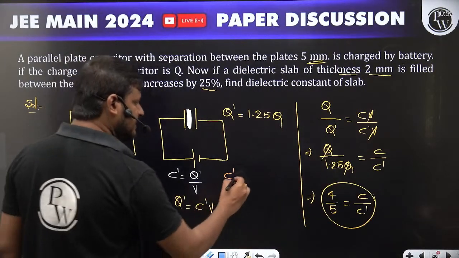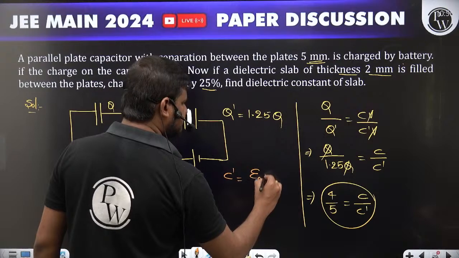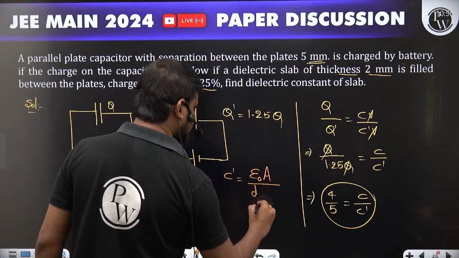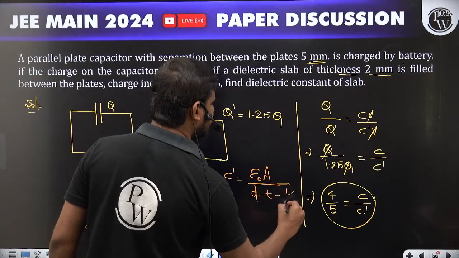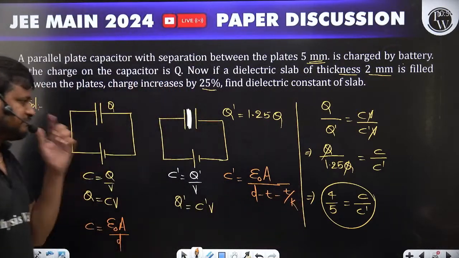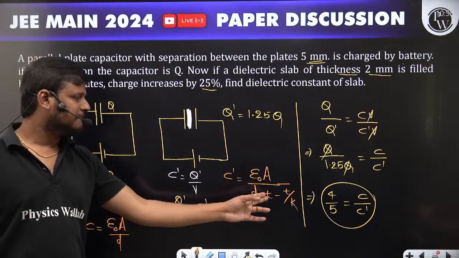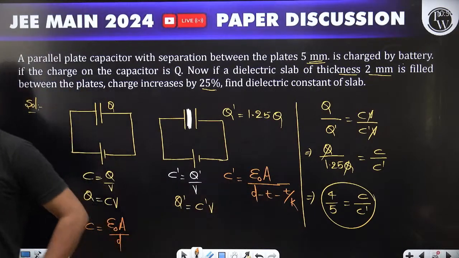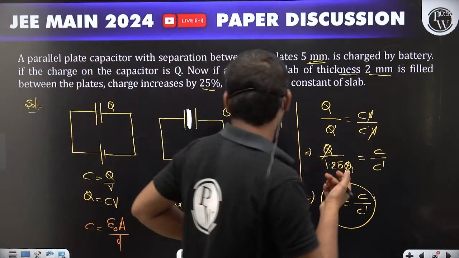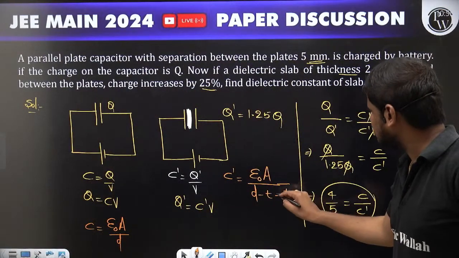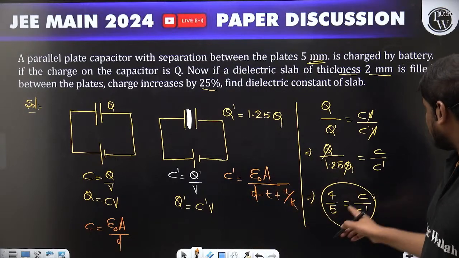It becomes epsilon naught A by D minus T plus T by K. Sorry, this formula is plus. So now you can substitute it here.